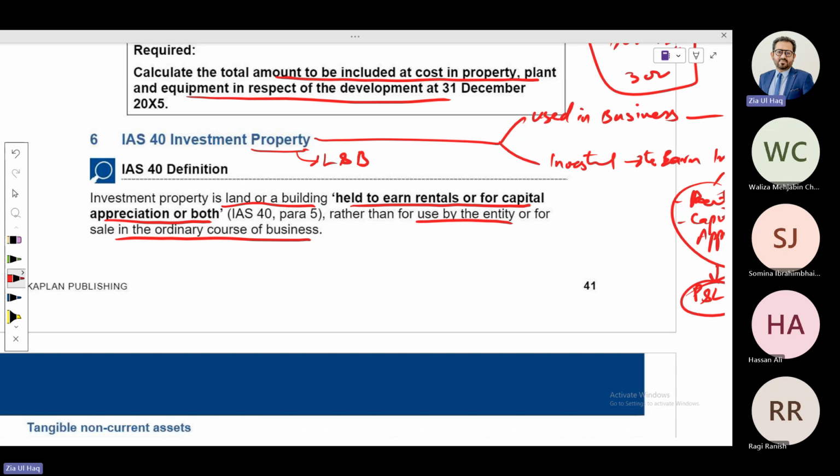If we keep any property for sale purpose, like we are doing a property business, that will be our inventory, not investment property. In this property, we have made investment to generate income other than our normal business.